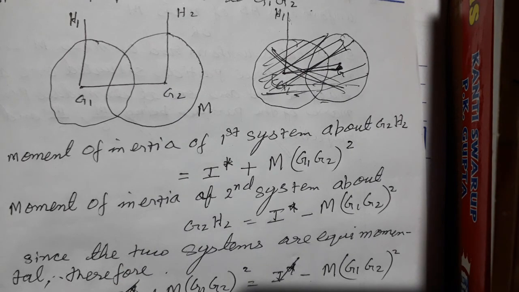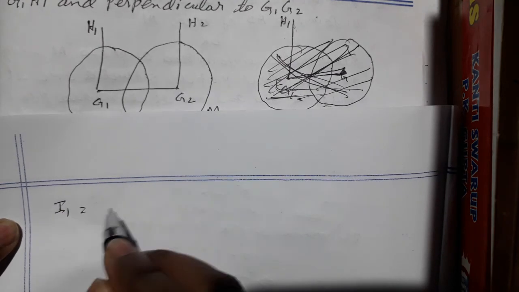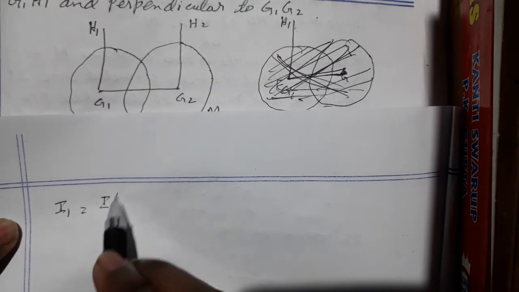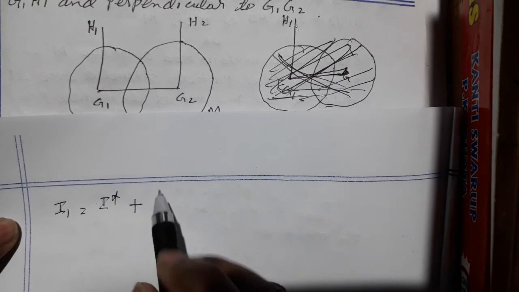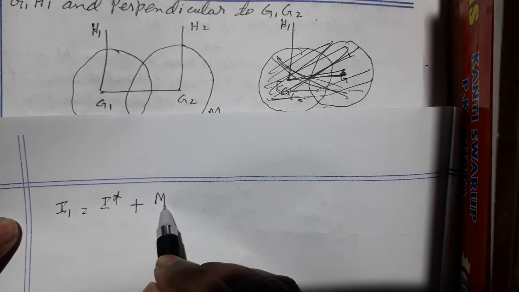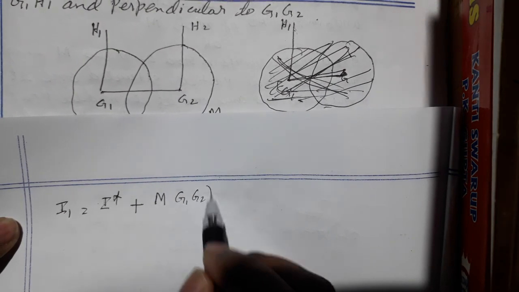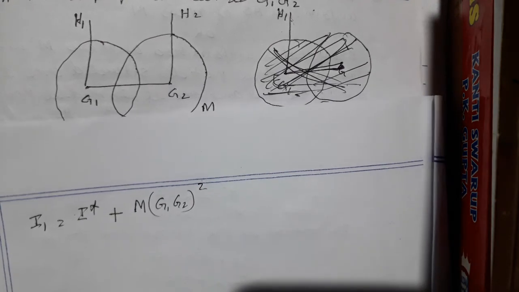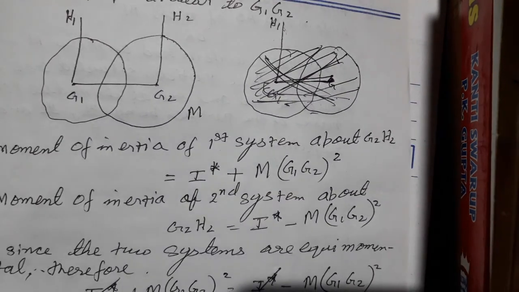By using the parallel axis theorem, we have I1 equal to the moment of inertia about H1 G1, that is I star, plus mass M, and the distance between them is G1 G2, whole thing squared. So that is the moment of inertia of the first system with respect to G2 H2. I think you understand this.